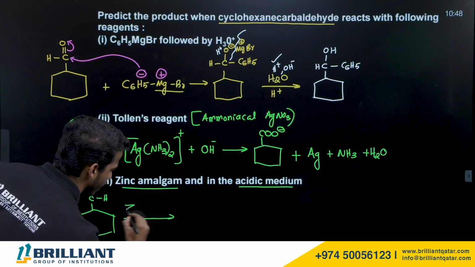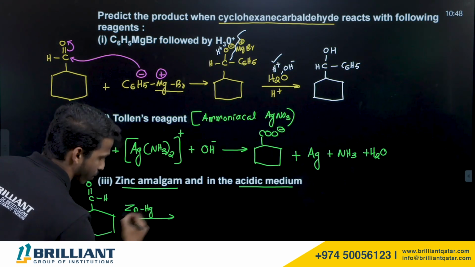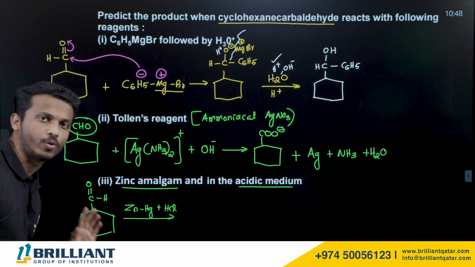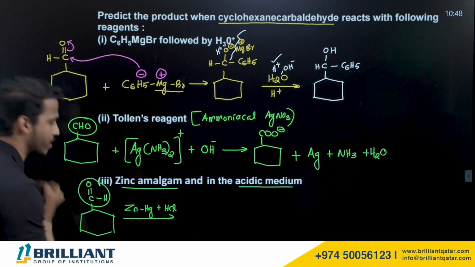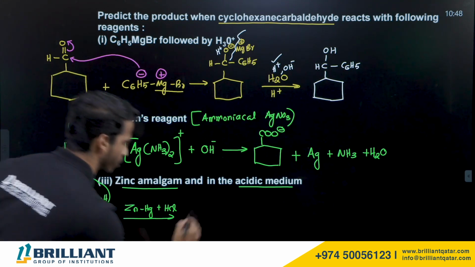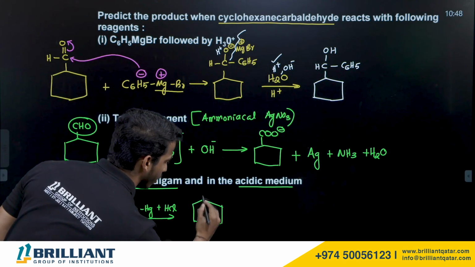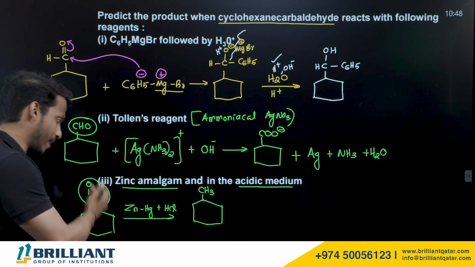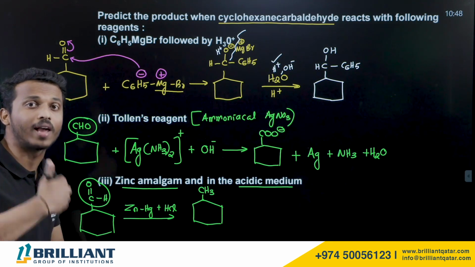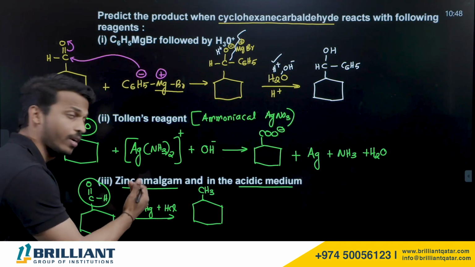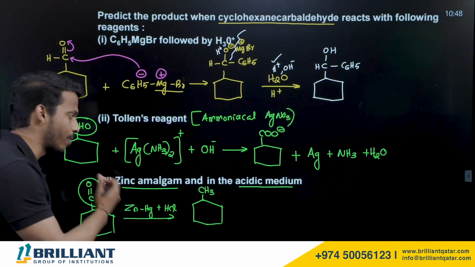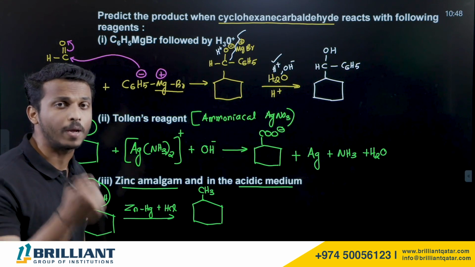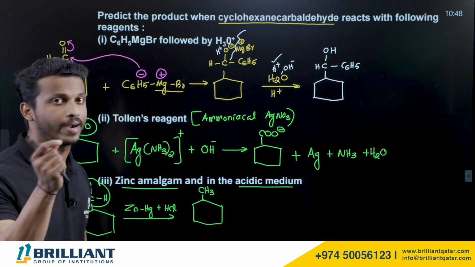Let us treat it with zinc amalgam, mercury, along with HCl. When treated, the aldehyde part is converted to a hydrocarbon, CH3, the alkane part. The aldehyde and ketone part can be made into alkane, hydrocarbon, through Clemmensen reduction, treating with zinc amalgam and HCl. At this point, let me tell you one more important topic. Please focus on Wolff-Kishner reduction also.